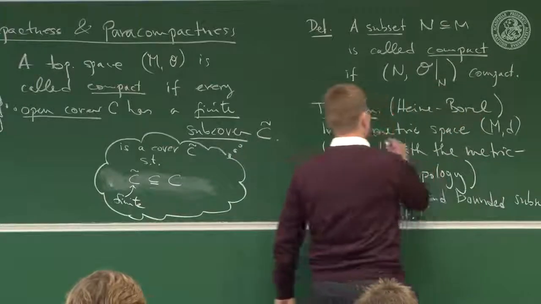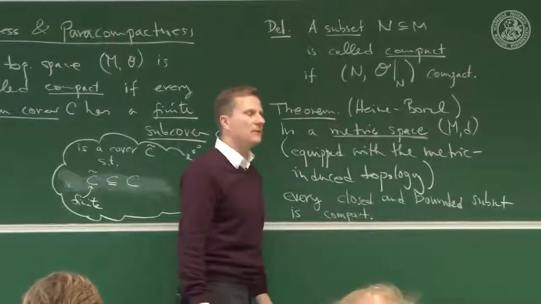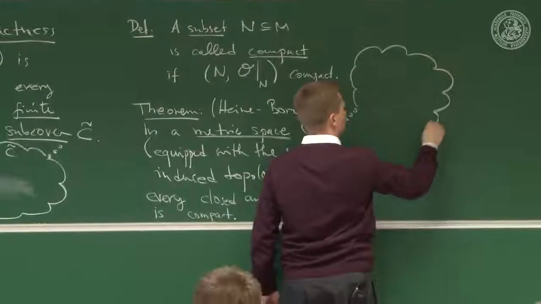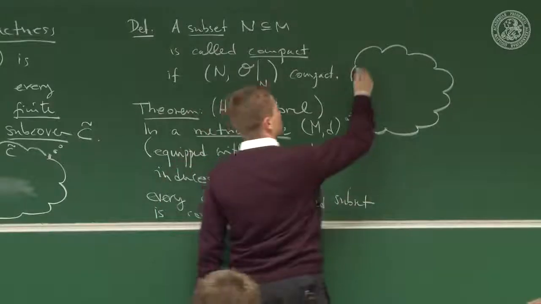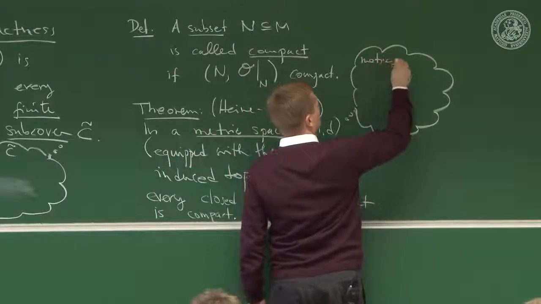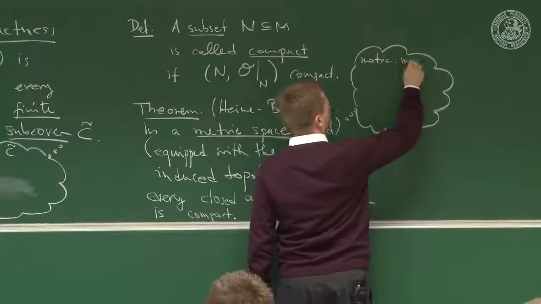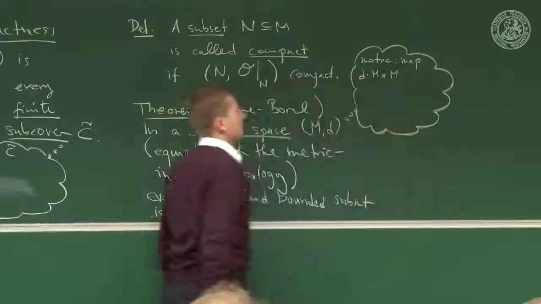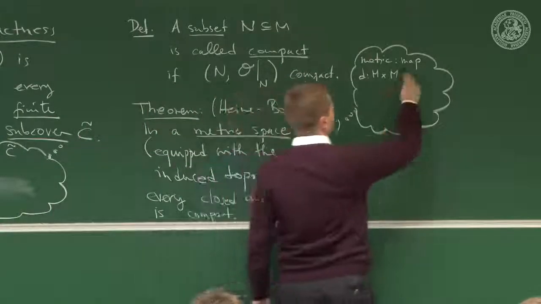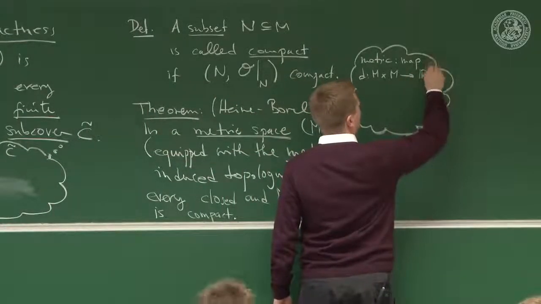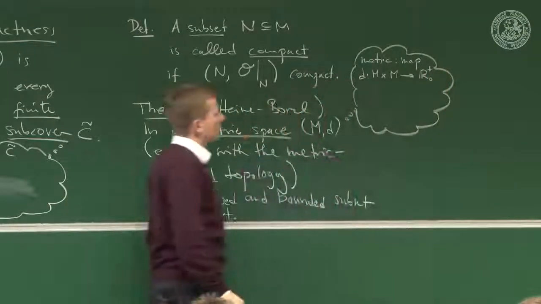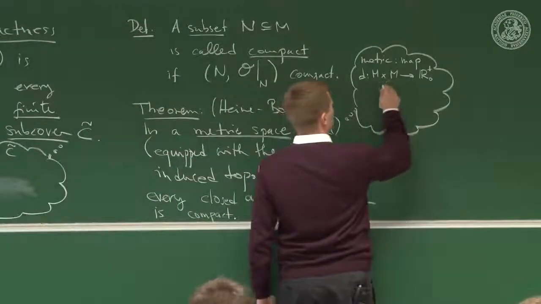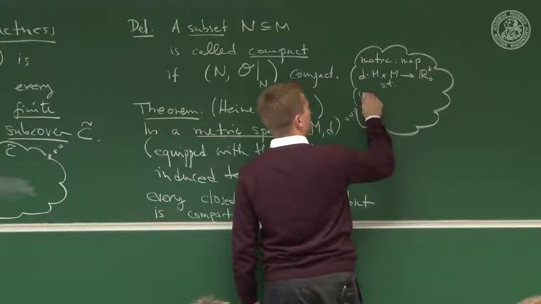So I should explain this a little. What precisely do we mean by a metric space? There are different notions of metric in mathematics, and by a metric in this context, one means a map d that takes two elements of the space and maps them to a non-negative real number such that the following properties are satisfied.